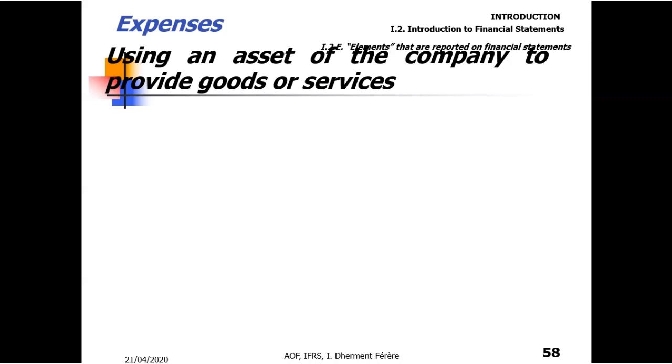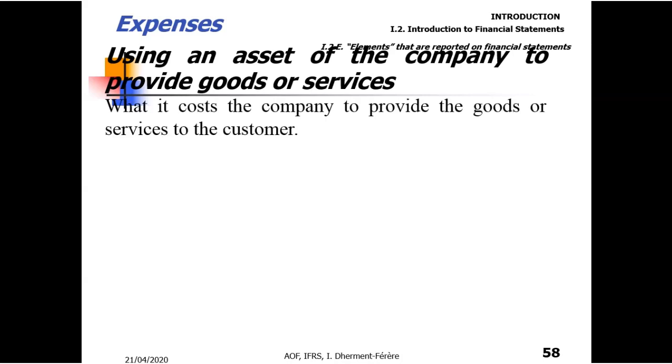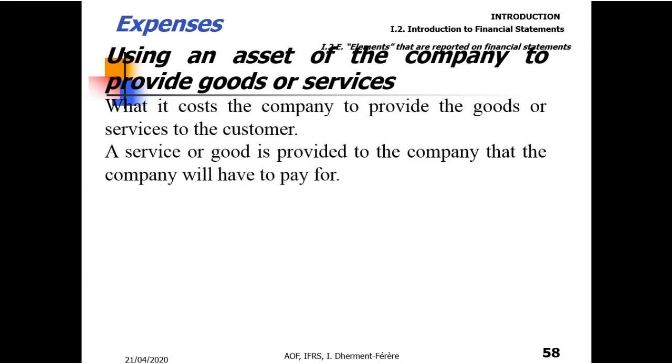What are expenses? Using an asset of the company to provide goods or services. That is, what it costs the company to provide the goods or services to a customer. A service or good is provided to the company that the company will have to pay for.